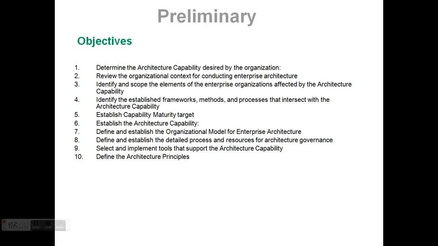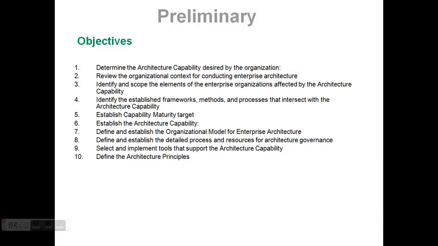Establish the capability maturity target. In previous sessions we talked about the capability maturity model, and this is where we are actually setting the goal of where, in terms of the capability maturity model, the organization will be after this exercise.